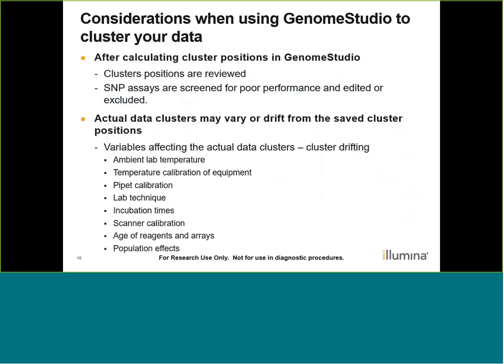Other considerations when using Genome Studio to cluster your data are, after you calculate the cluster positions, those positions need to be reviewed. And as I mentioned, anytime you create a cluster file, SNP assays should be screened for poor performance and then edited or excluded.